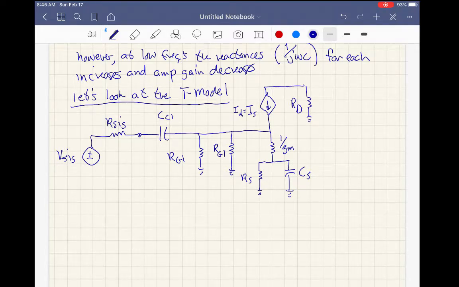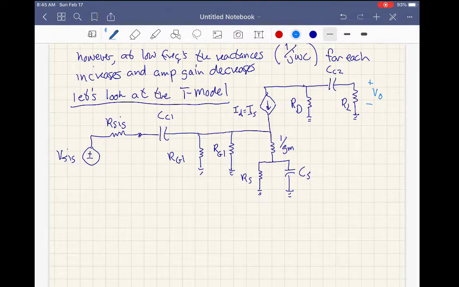Again, that drops to ground. We've got our coupling capacitor, CC2, and our load resistor here, RL. Our output, again, still appears across the load.